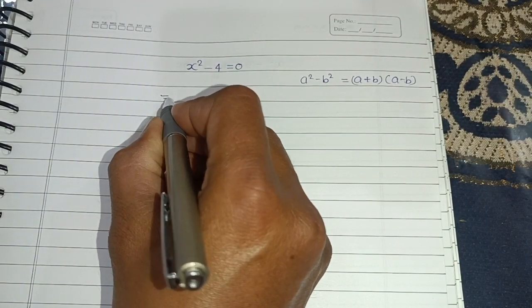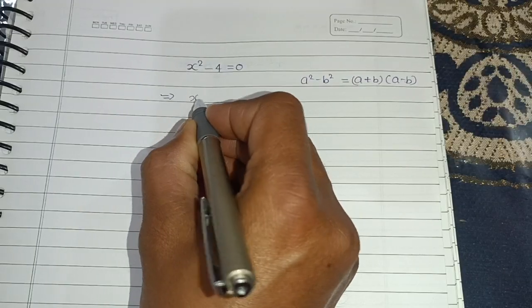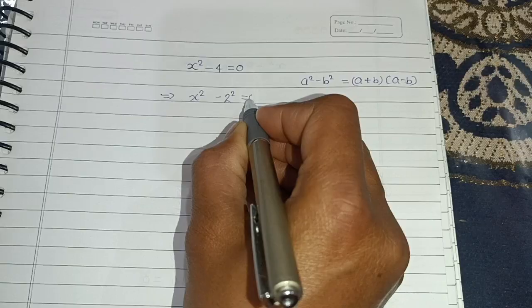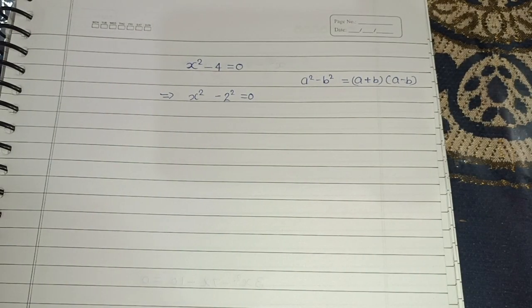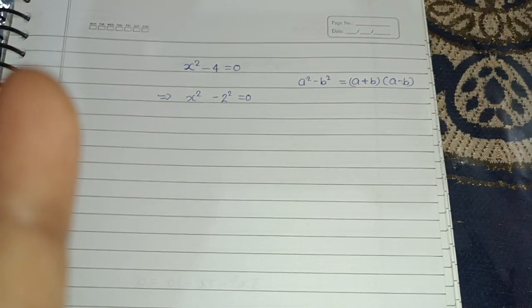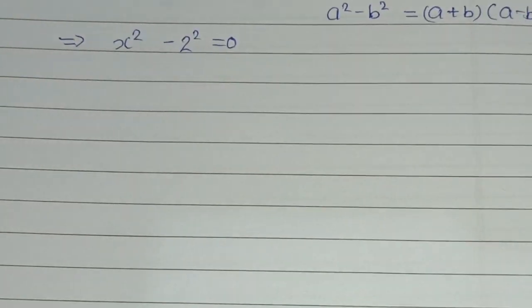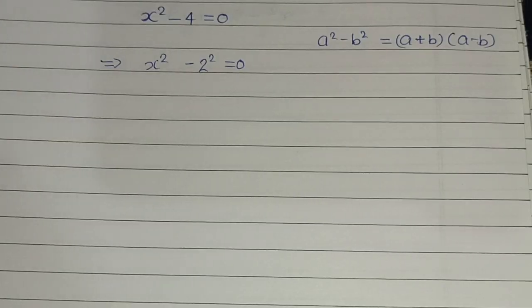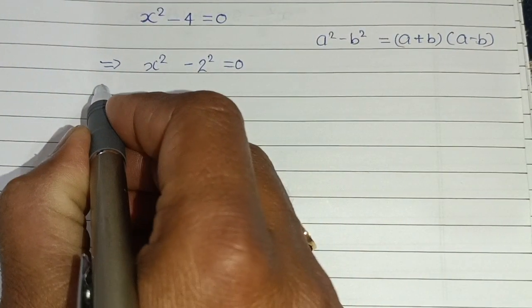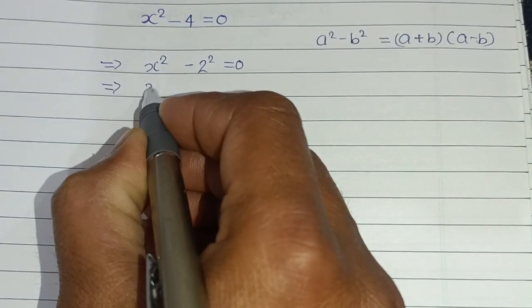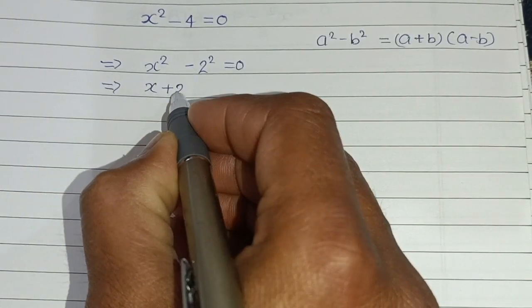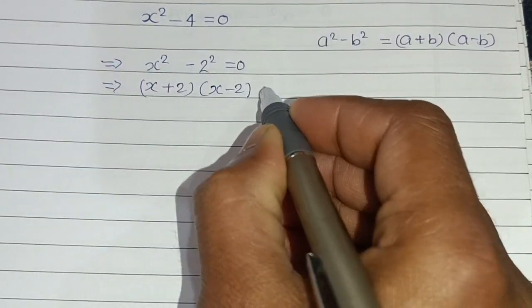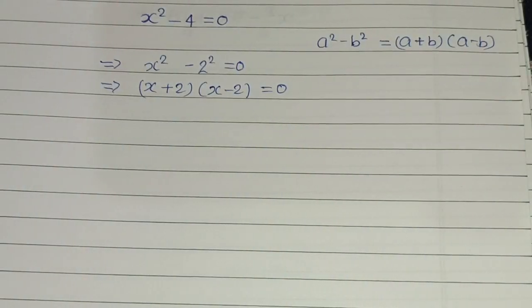So here is x square, and we can write 2 square is equal to 0. So x plus 2 and x minus 2 is equal to 0.